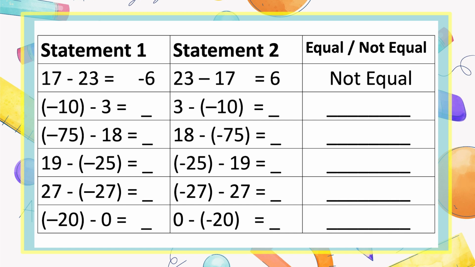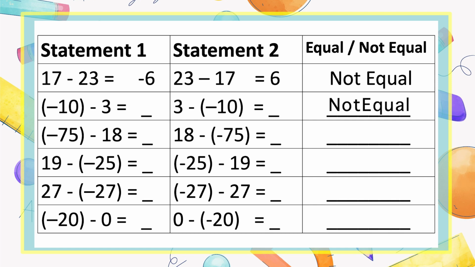Are the two statements equal? No, they are not equal. Similarly, going into other examples, minus 10 minus 3 or 3 minus minus 10, will they be equal? No, because minus 10 minus 3 is minus 13 and 3 minus minus 10 is 13. So, they are not equal.